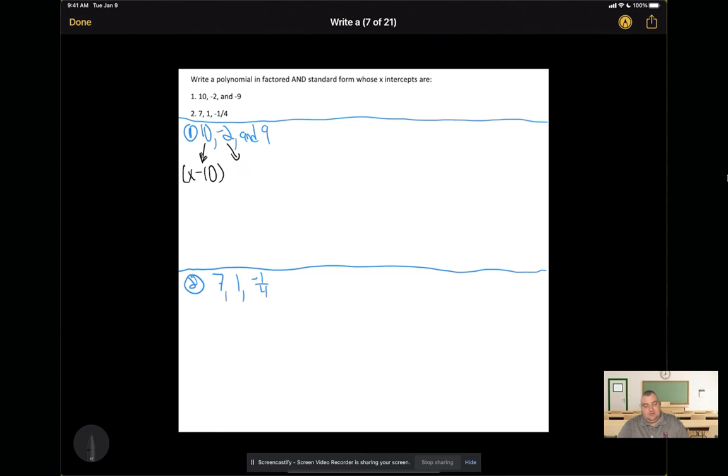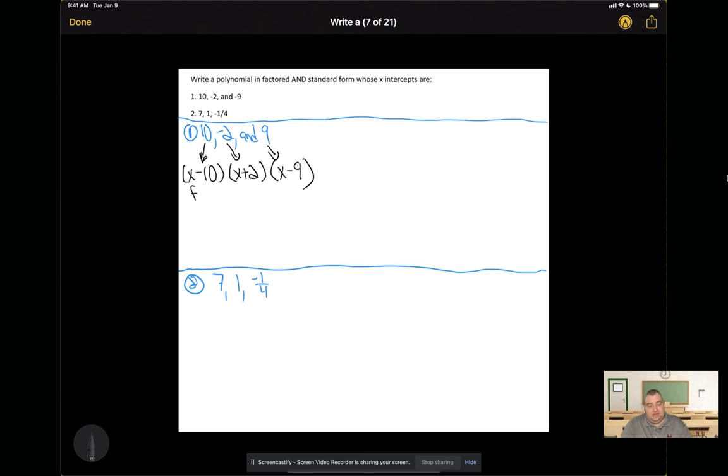Then I'll do the same thing with -2, except I'll make that into x plus 2, switching the sign from negative to positive. And the last one, I'll change 9 into a factor by making it -9, so x minus 9.